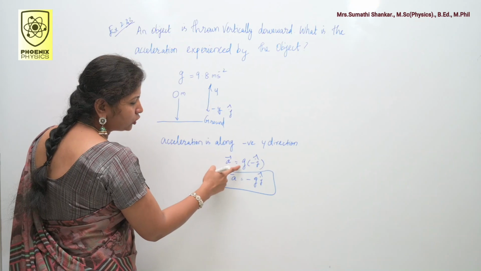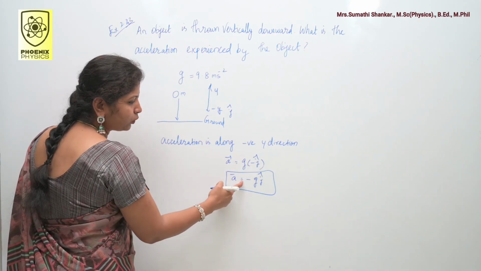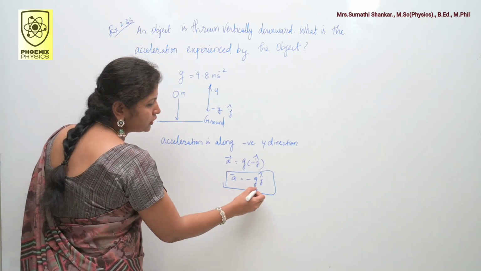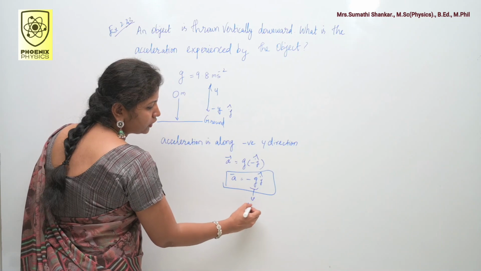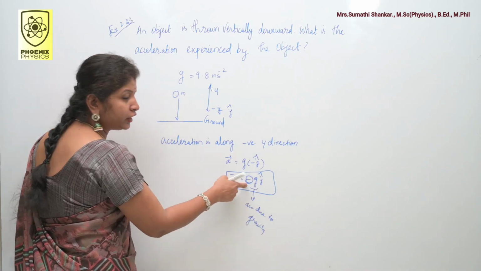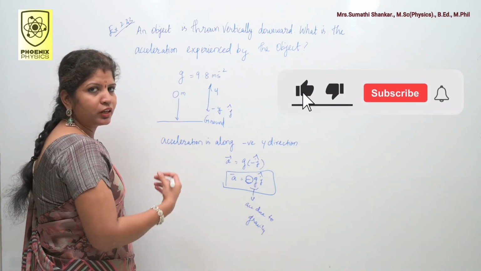So a is equal to g times minus j vector. So a is equal to minus g j vector. So this g is acceleration due to gravity. This minus sign indicates the object moves in the negative y direction.